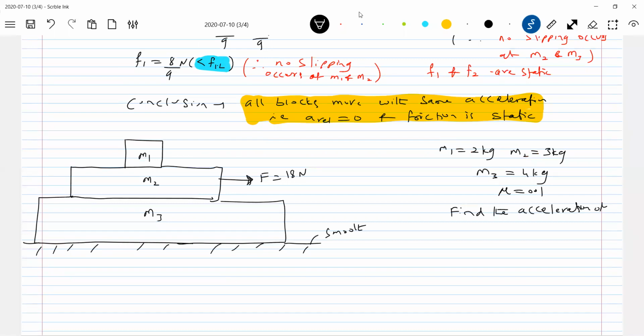How will the friction act? As usual, again the friction will be like this: F2, F2, this F1.